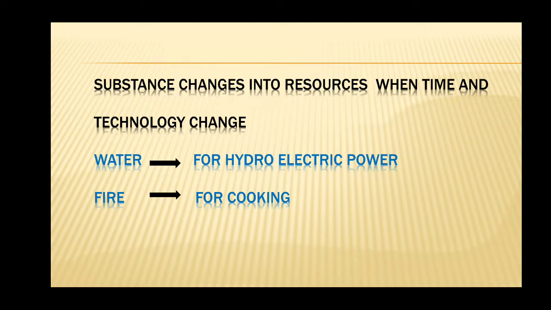All the resources in the world have some value. It may be larger or it may be smaller, but each and every resource that humans are using is very important and helpful.